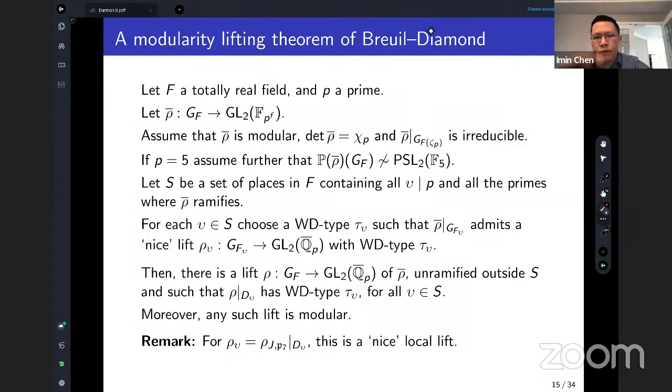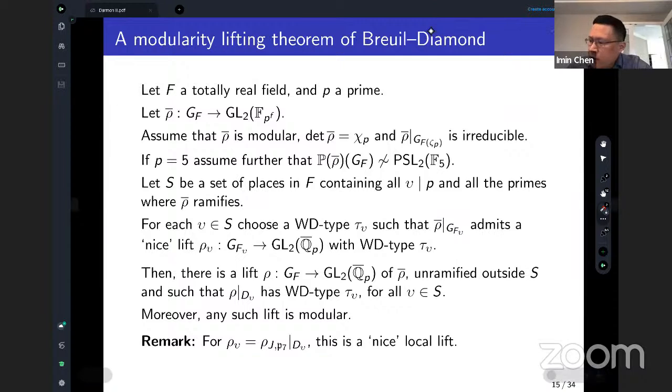So as you recall from the proof of Fermat's Last Theorem, a crucial step was Ribet's level lowering theorem. You can think of this modularity lifting theorem as a merging of modularity lifting as well as level lowering. And I'll explain that as I explain the theorem.